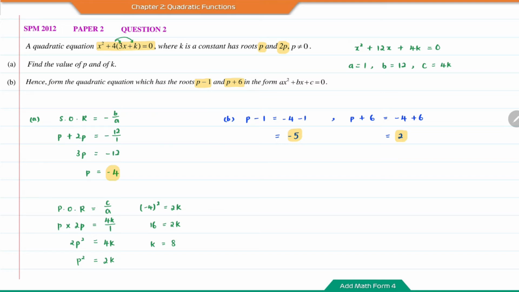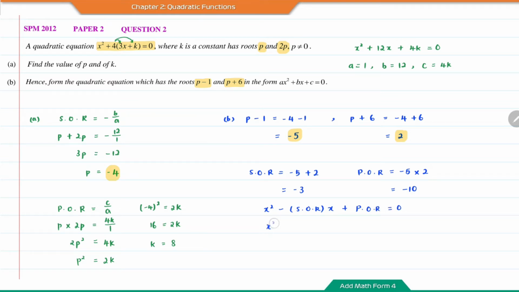quadratic equation. So first we're going to find the sum of roots. So in this case, it's going to be -5 plus 2, which is equal to -3. And the product of roots is going to be -5 times 2, which is equal to -10. Now, to form the quadratic equation, x squared minus the sum of roots x plus the product of roots equal to 0.